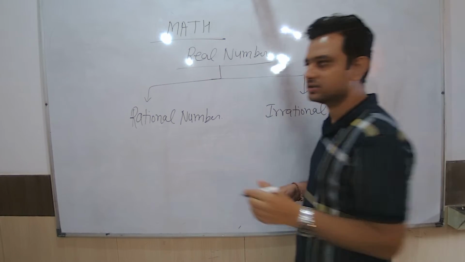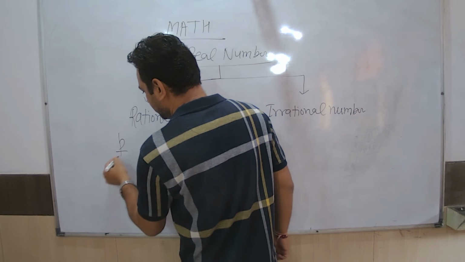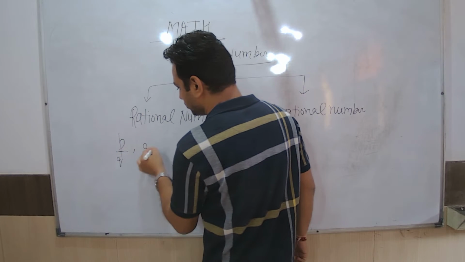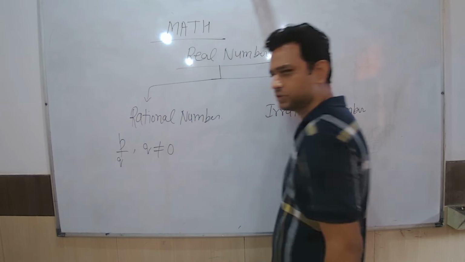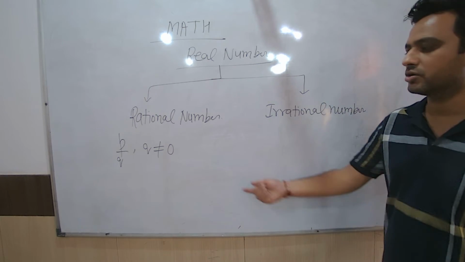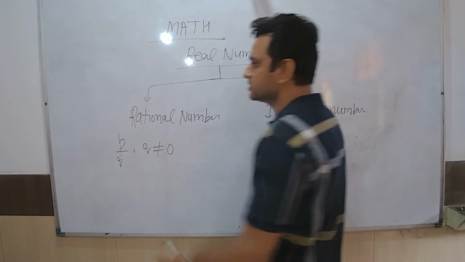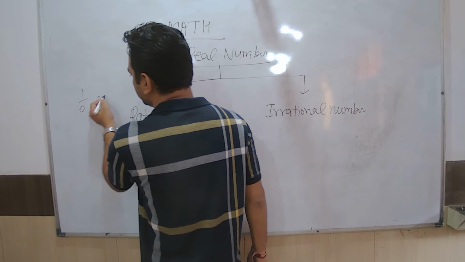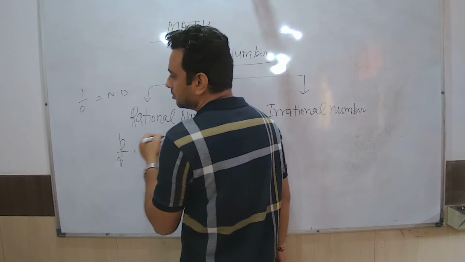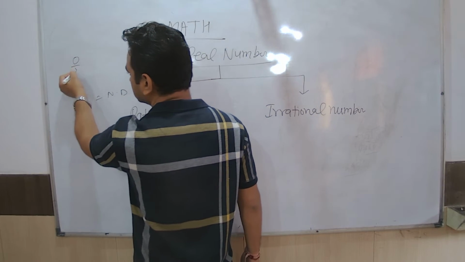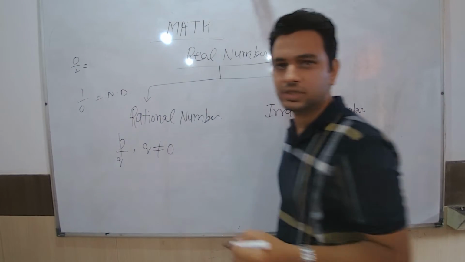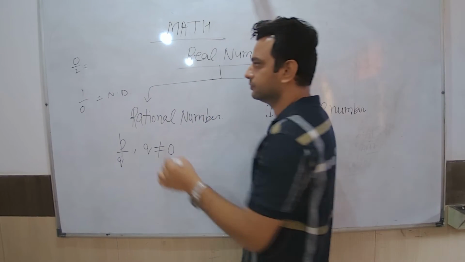Which we can represent in the form of p by q, where q cannot be 0. I told you why q cannot be 0, because that term will become undefined. If I say 1 by 0, it will be not defined. But 0 by 2, it is 0 only.